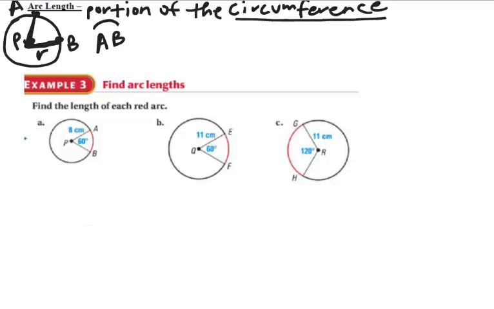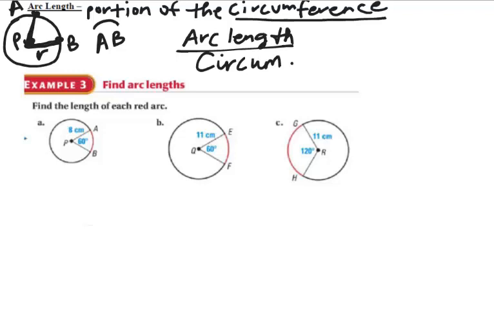So the ratio of the length of the arc to the circumference gives us this formula: the arc length that we're looking for over the circumference is in the same ratio as the measure of the arc in degrees over the measure of the entire circle, 360.